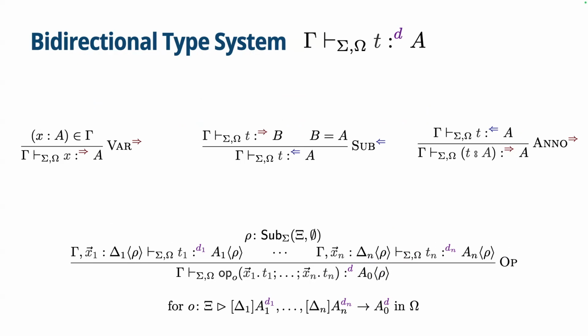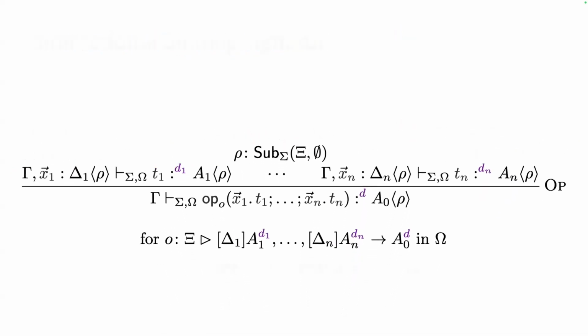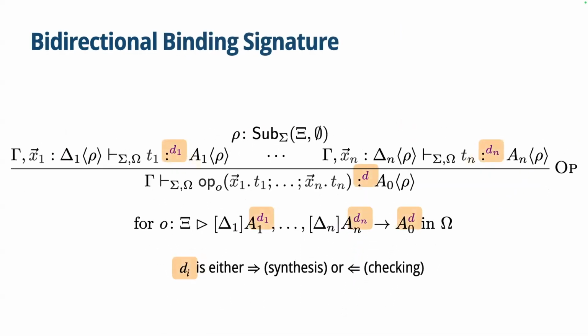We add, of course, one more judgment to switch from synthesis to checking. And how about these signatures? How do we describe other constructs? Well, that's similar. The definition is very similar, but with just an additional mode index for each argument of your construct.